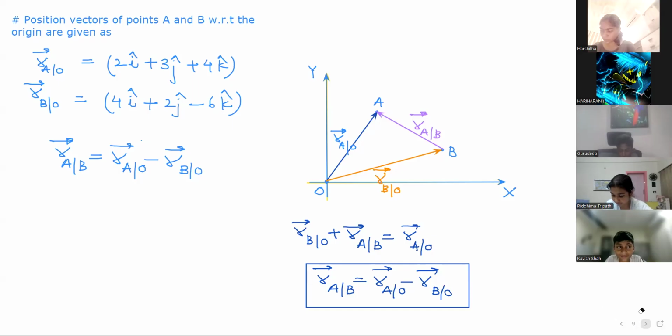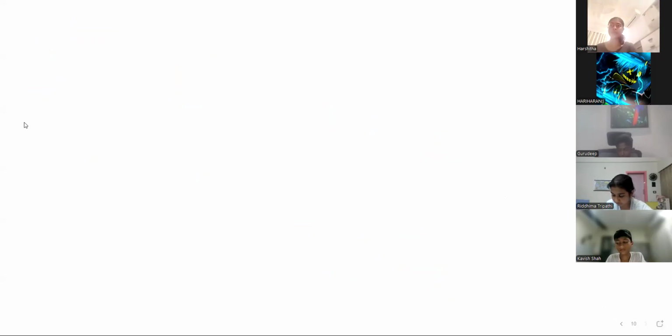चलो. So let's do this thing quickly. So I have three points in this space. A, coordinates of A are 2, 3, 4. B, coordinates of B are 3, 4, 5.